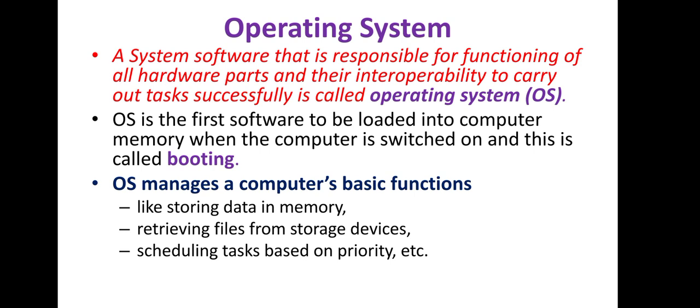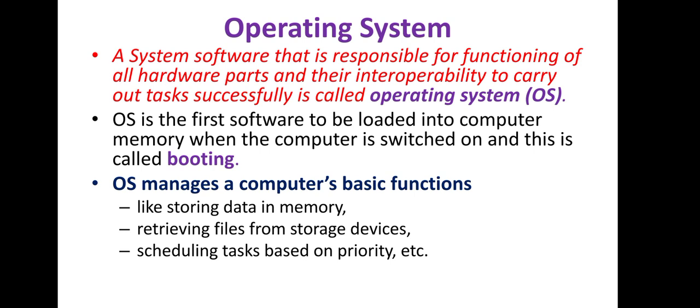What does it do? Operating system manages the computer's basic functions. Whatever information you have given, we have to store properly. And whenever it is required, we have to retrieve it, since the information is available in the form of files.